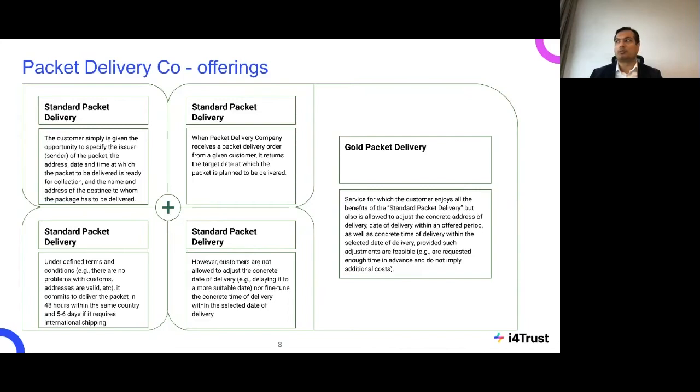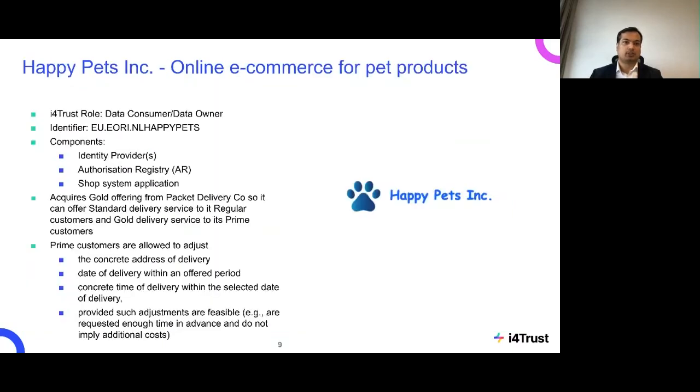But that is possible only via the gold package delivery. So gold package delivery serves everything that is in standard, but on top of it, it allows more flexible delivery options.